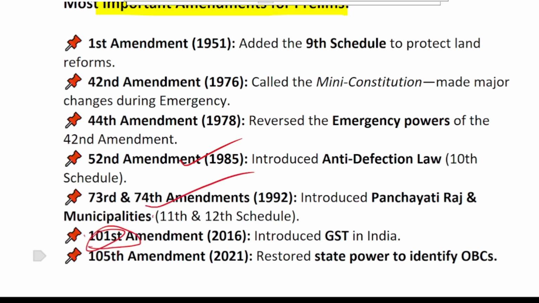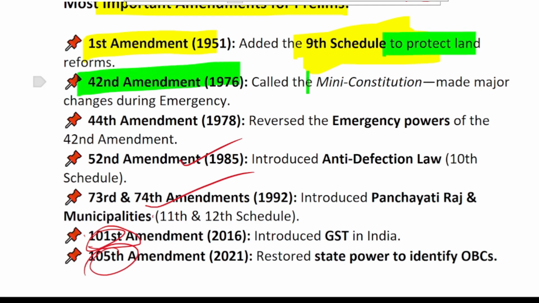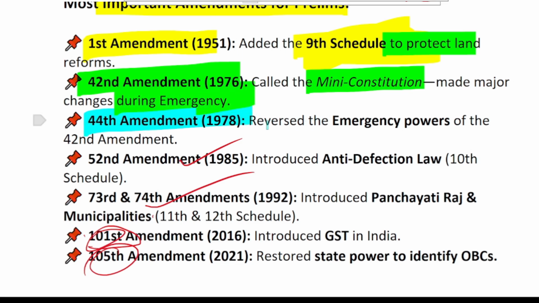And the 101st and 105th Amendments. So all these, as you can see on the screen: the First Amendment, which happened in 1951, added the 9th schedule to protect land reforms. The 42nd Amendment is also called the mini constitution, and made major changes during the emergency. The 44th Amendment, 1978, reversed the emergency powers of the 42nd Amendment.